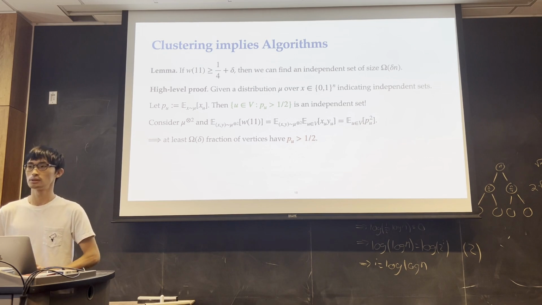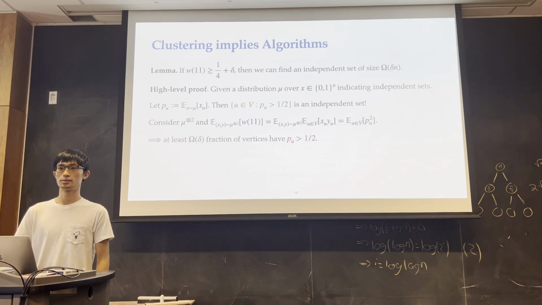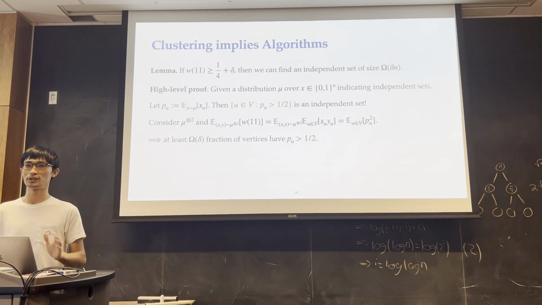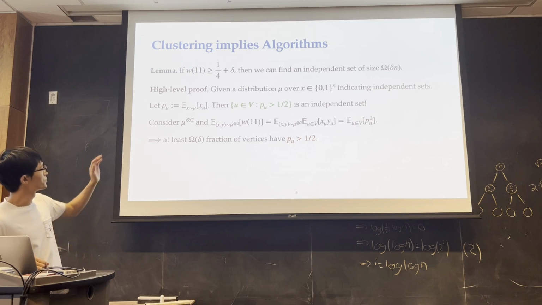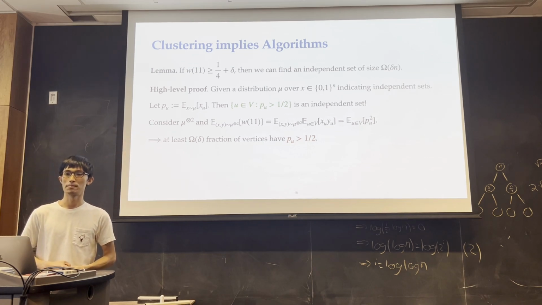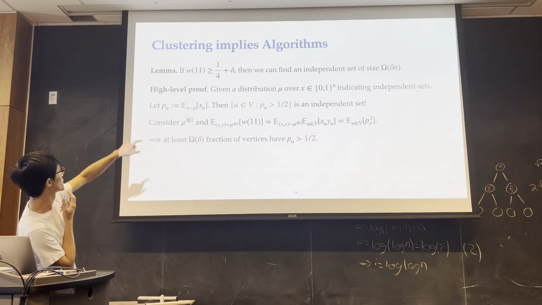Any questions? So this is where the SOS stuff is? Yes, this is where the SOS stuff is. For people who are more familiar with sum of squares, we need to replace the distribution by a pseudo distribution. It's only degree 2 though, so is it just some basic SDP thing? Yeah, the catch is we don't have this exactly.